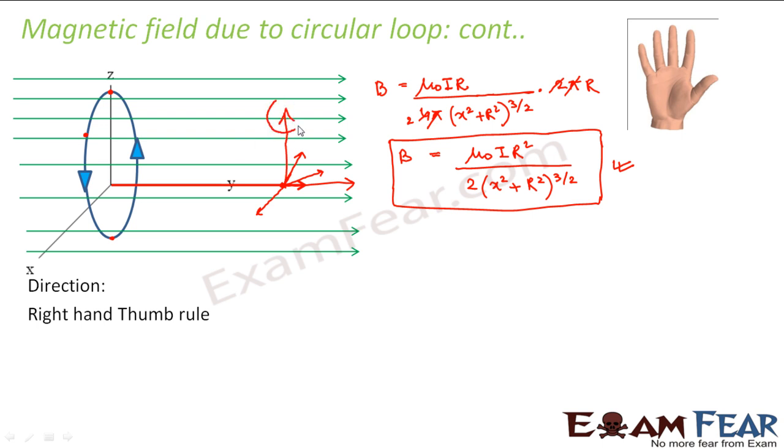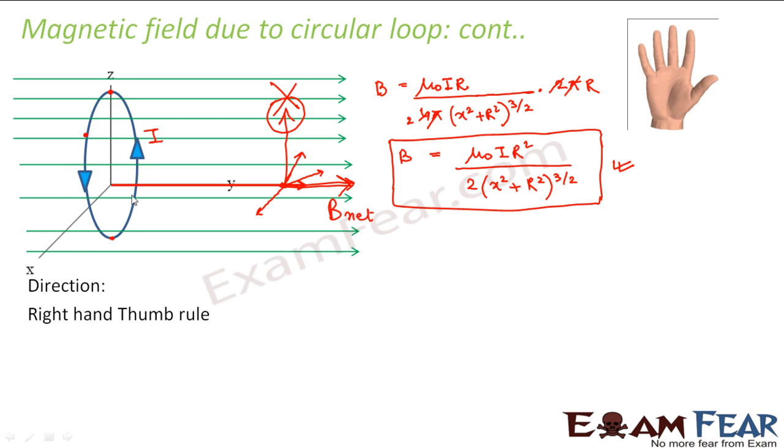So whatever is along this direction will get cancelled out in the opposite direction. So your net magnetic field will act along this direction.